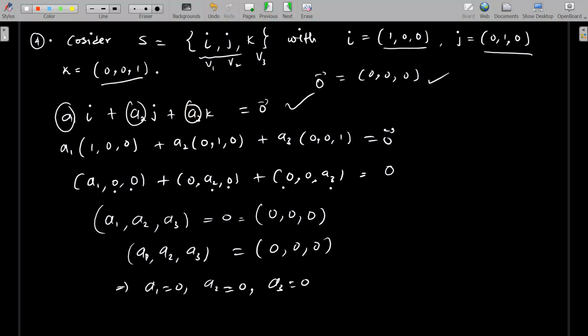Through the process, we've been able to show that this is only true when a1 is 0, a2 is 0, and a3 is 0. So all our scalars are 0, and this set has to be linearly independent. And if you take vector classes, they will tell you that yes, the i, j, k vectors are linearly independent of each other.